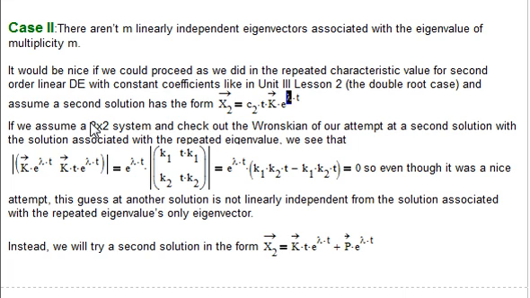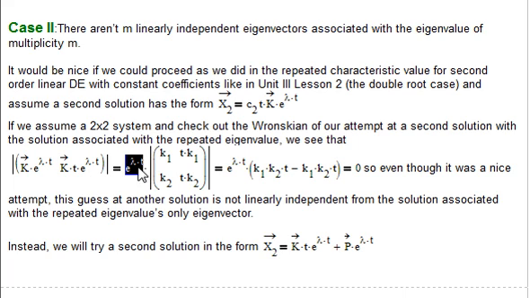And if we assumed a system like that and checked out the Wronskian of our attempt at a second solution by just multiplying our first solution by t, we got problems because the Wronskian of those two solutions is unfortunate.